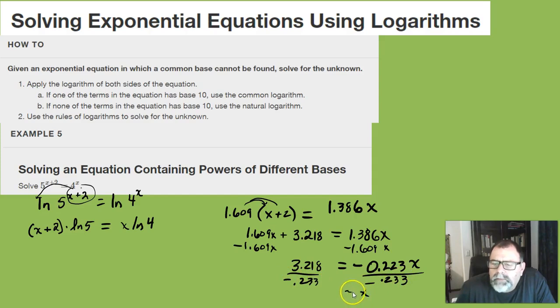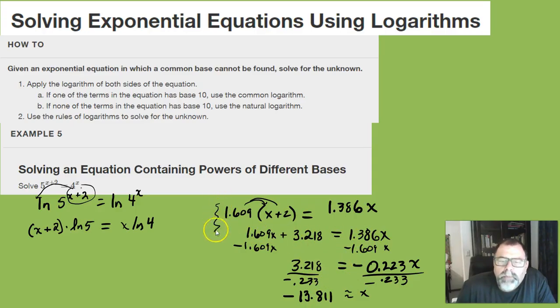So x is about negative 13.811. Now, depending on how many places we wanted, if I wanted accuracy to 3 places, I should have used like 5 or 6 places up here. Okay, so you're going to lose accuracy.